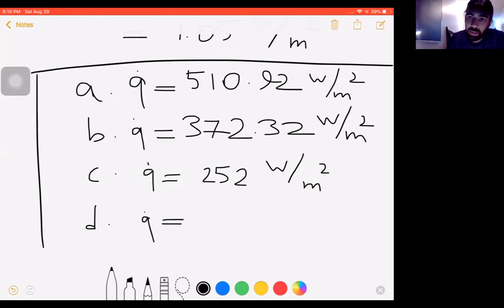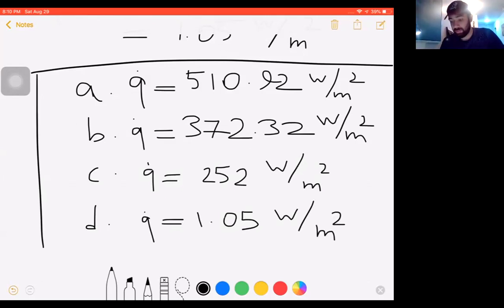And for the final case, it was equal to 1.05 because there was no radiation, and the conduction term was also very limited. We had a low amount for the constant K, so that is why we have a low heat transfer rate, 1.05 here.